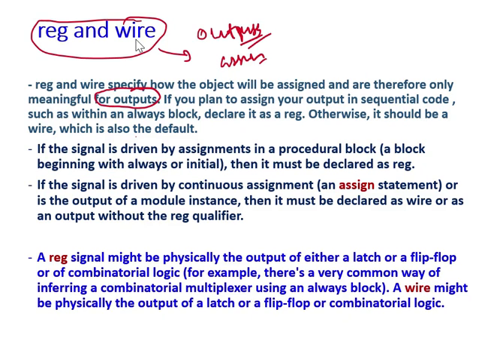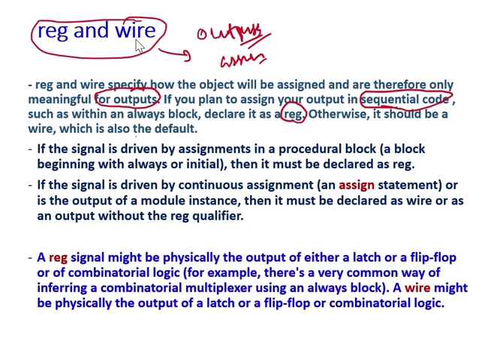If you plan to assign your output in sequential code, if it is a sequential design, and you know that sequential design means we use the always block, then posedge of clock, then reset, all these timing control statements are there, then we declare the signals as reg.